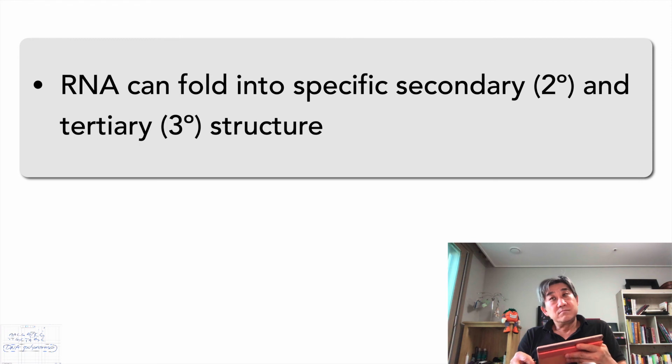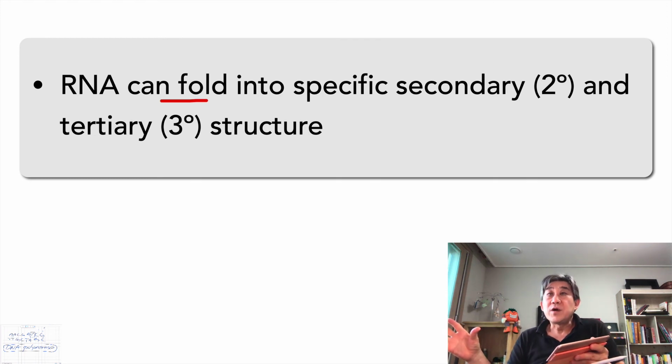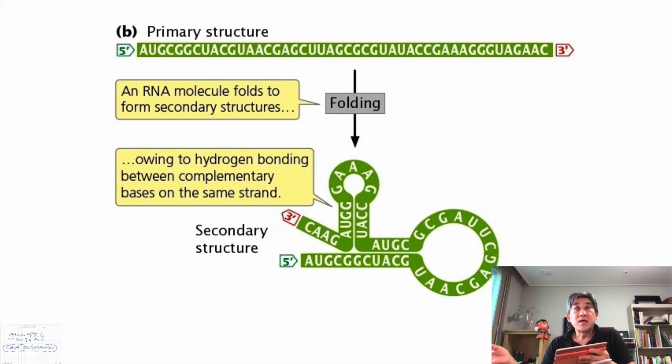Why RNA, whereas DNA cannot? Why can RNA function as an enzyme? It's because of their specific property. Unlike DNA, RNA can have specific folding procedures. We call it secondary and tertiary structure. What I mean by that is, DNA, once made, would rather establish complementary base pairing between two different strands.